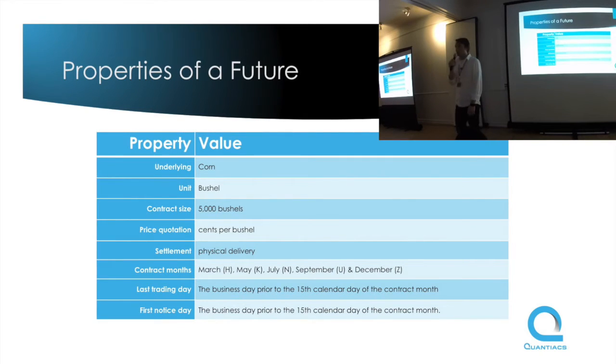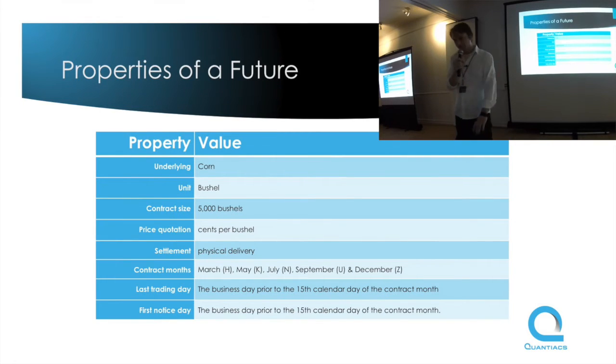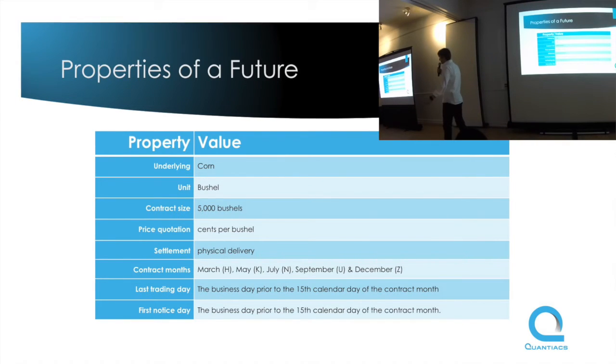So there is no way to trade half a future or a quarter future, a fraction of the 5,000 bushels. You can only trade multiples of 5,000 bushels by buying future contracts worth 5,000 bushels each. Then the price quotation, usually this is either dollars or cents per bushel, so per unit.